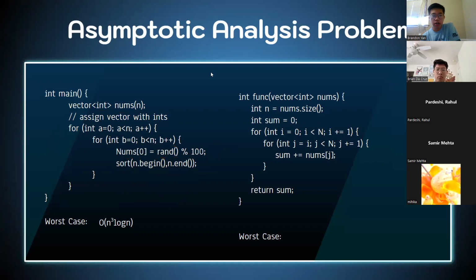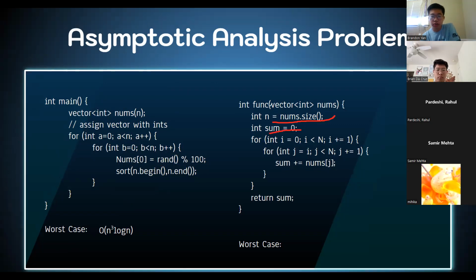Okay. Now this is my last asymptotic analysis problem we're gonna be doing today. So let's get the size, and then we're getting a sum. So now we're iterating from 0 through n, and then we're gonna have j equals i, and then it's less than n.